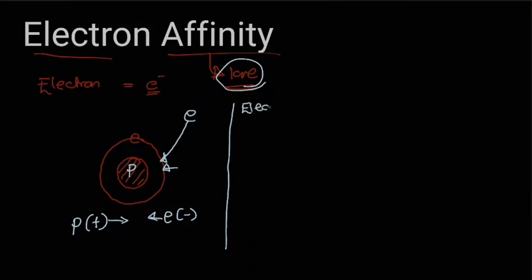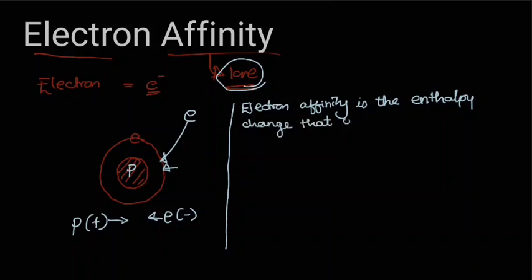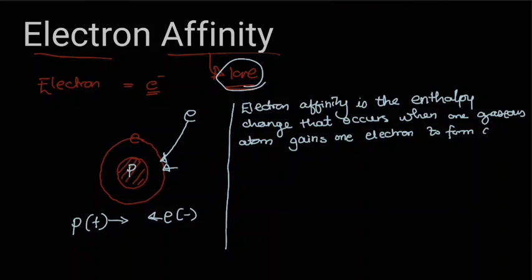Electron affinity, by definition, is the enthalpy change that occurs when one mole, or actually before we go into one mole, when one gaseous atom gains one electron to form one negatively charged gaseous ion, right?